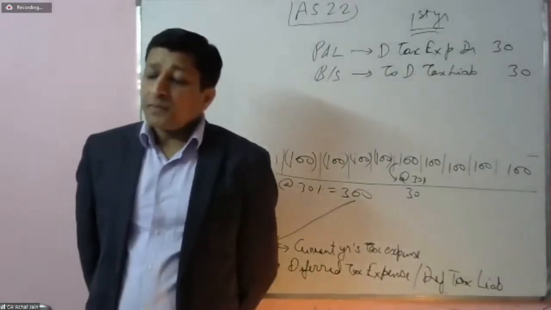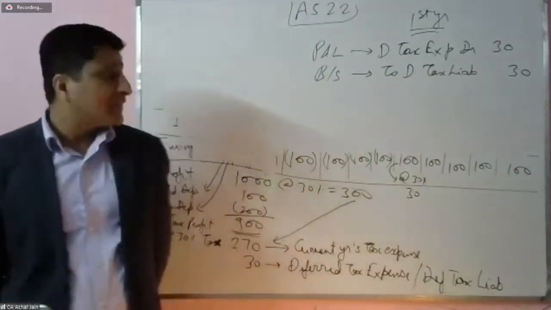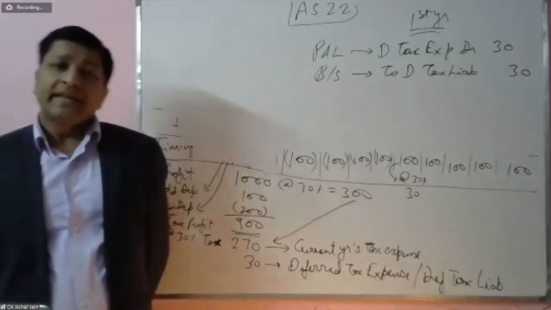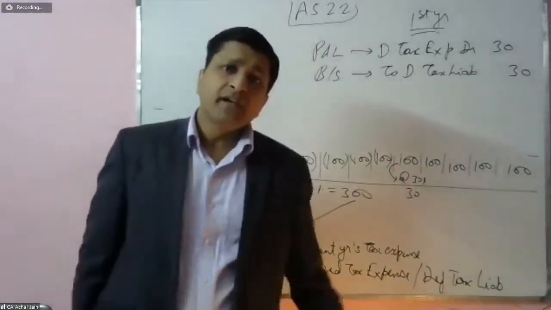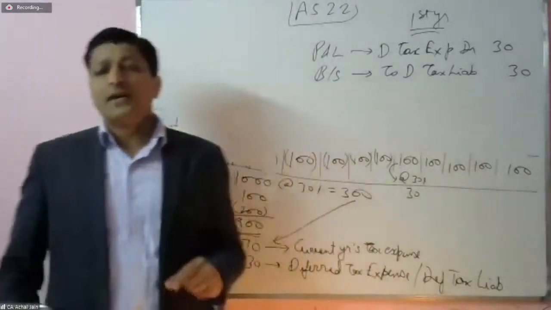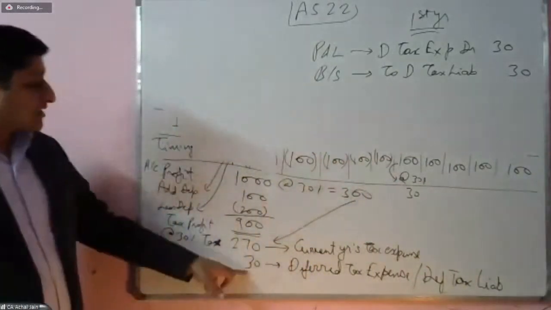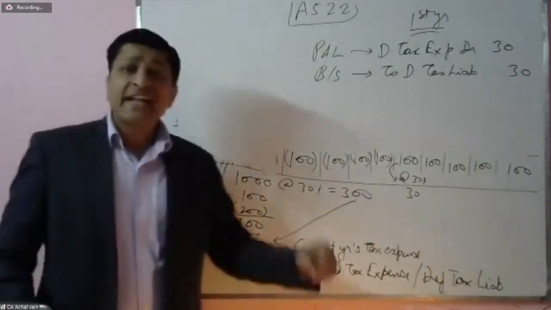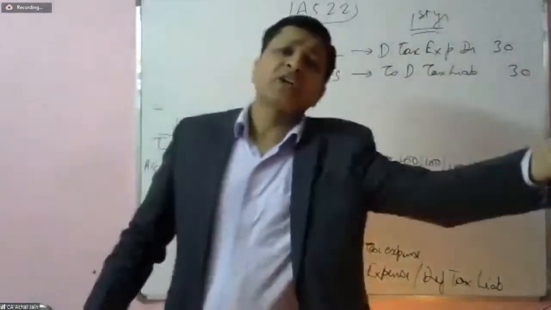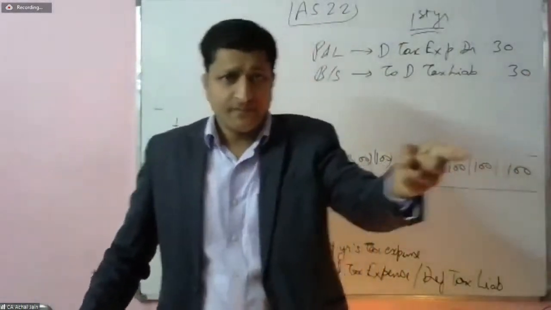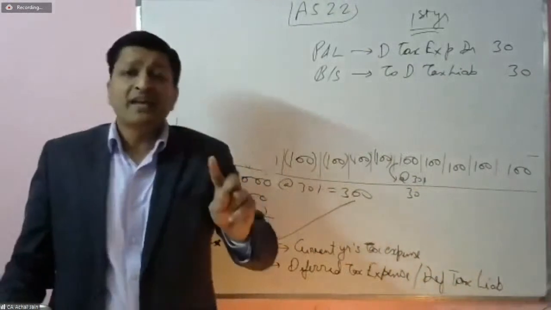Priya is asking, sir, please tell how we will compute tax in the 6th year. In the 6th year, once again, we will compute the tax the way it is required to be done. And what will happen in the 6th year? This deferred tax liability will become actual tax liability in the 6th year. This will not remain deferred.